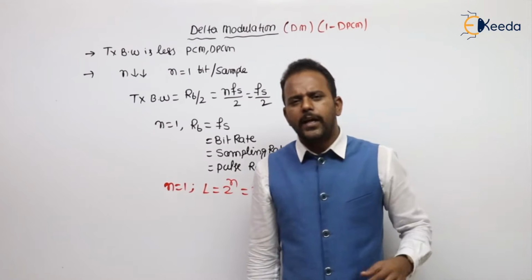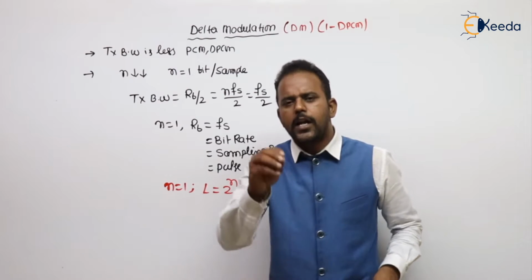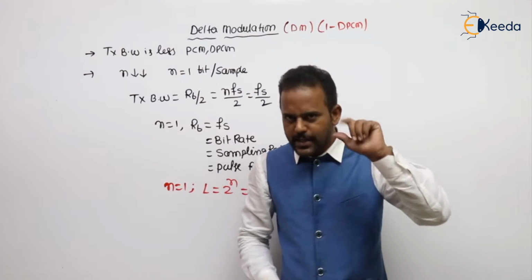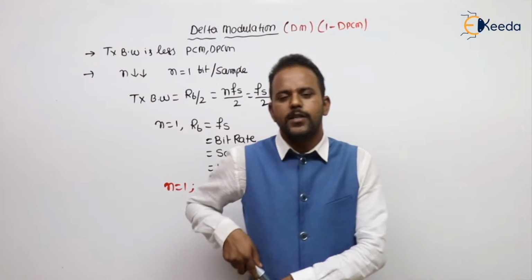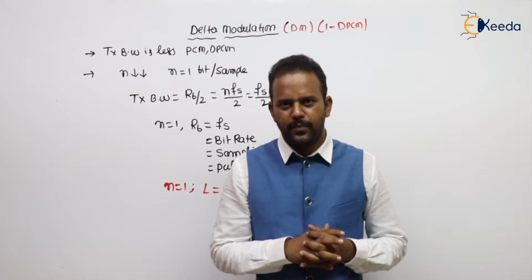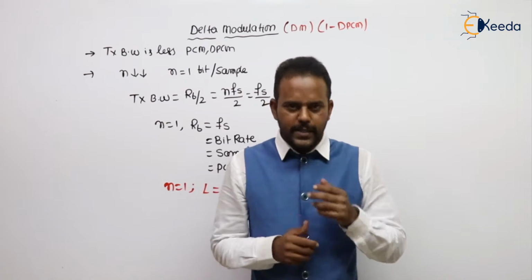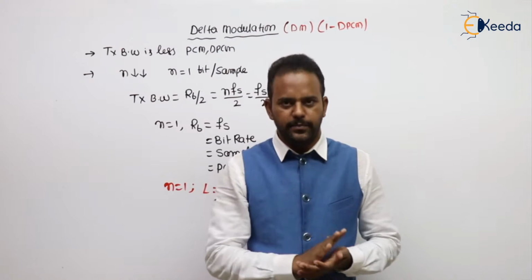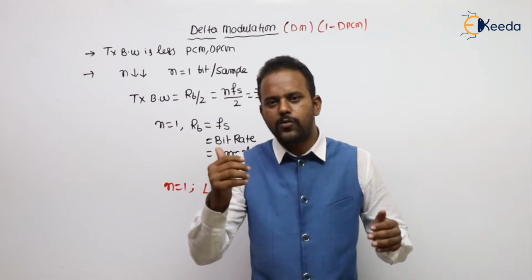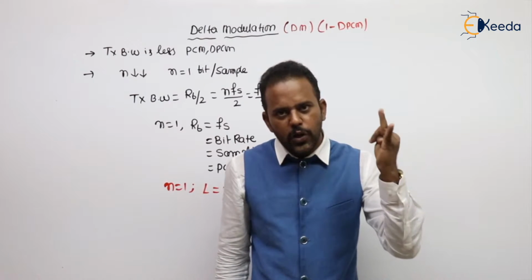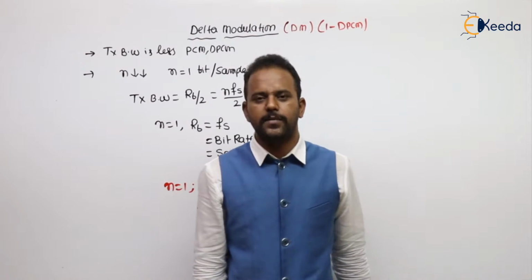What is happening in delta modulation is, students, let's take a simple example, one beautiful example to understand delta modulation. Suppose you are staying with your friend. Now listen. You saw your friend today. Now cases will follow. Case 1, you are seeing tomorrow. Case 2, you are seeing after 5 years.